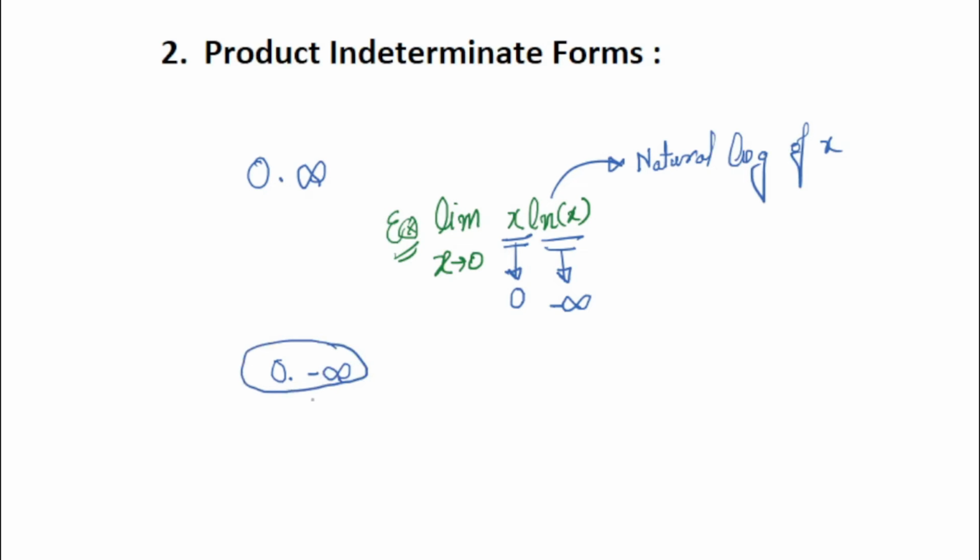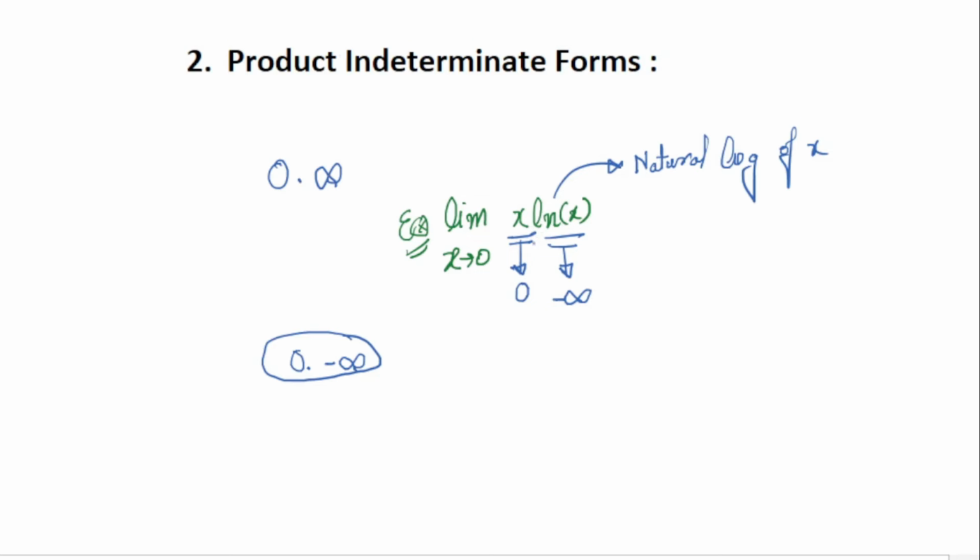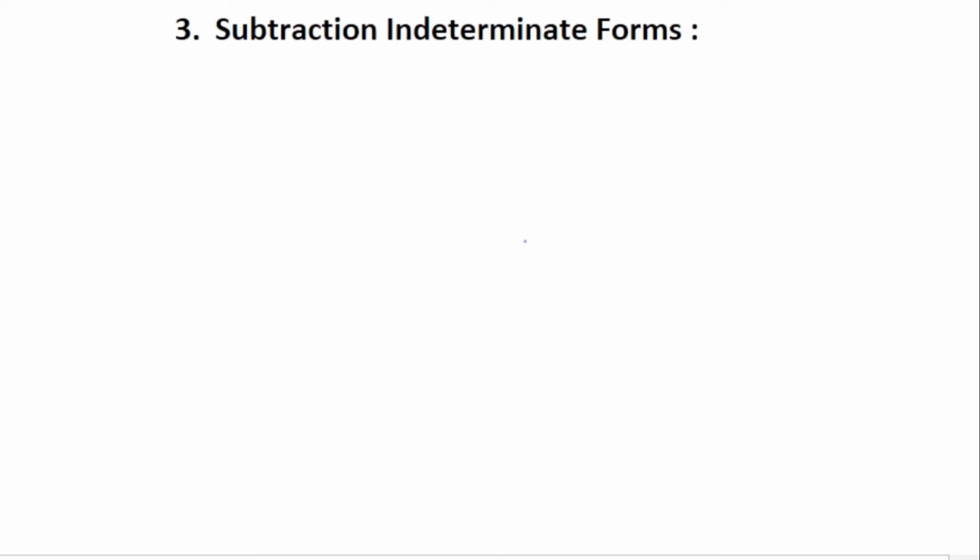And we are going to see the third indeterminate form, that is the subtraction indeterminate form. The subtraction indeterminate form is like infinity minus infinity.